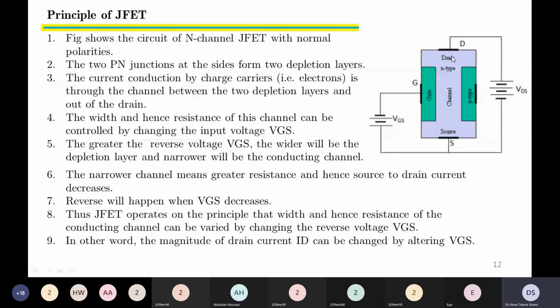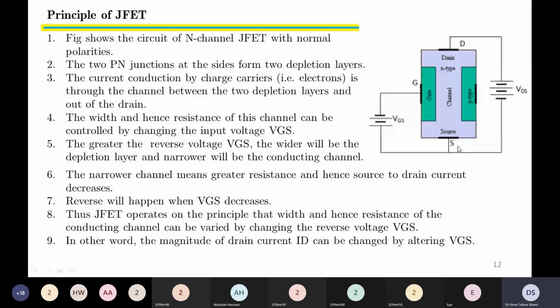And from drain to source, there are no junctions. We only see a junction between the gate and the channel. But between the drain and the source, there is no junction. Therefore, whatever is the drain current will be equal to the source current.